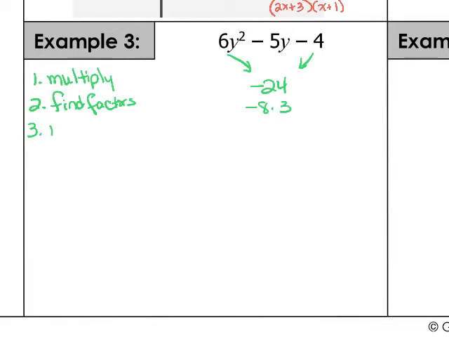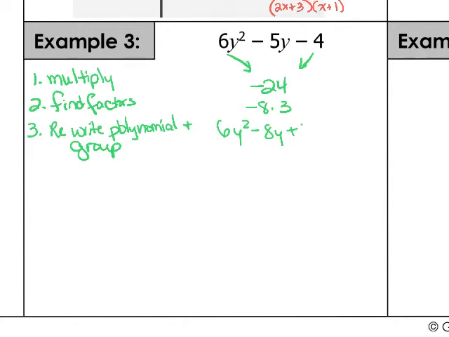Next, rewrite the polynomial and group: 6y squared minus 8y plus 3y minus 4. You might say, well, where'd you get the y's, Mrs. Evans? Well, remember, we're trying to create the y term, right? We need two addends so that they are like terms, that you can combine them and get that minus 5y. We're creating the b term, which is the y term.